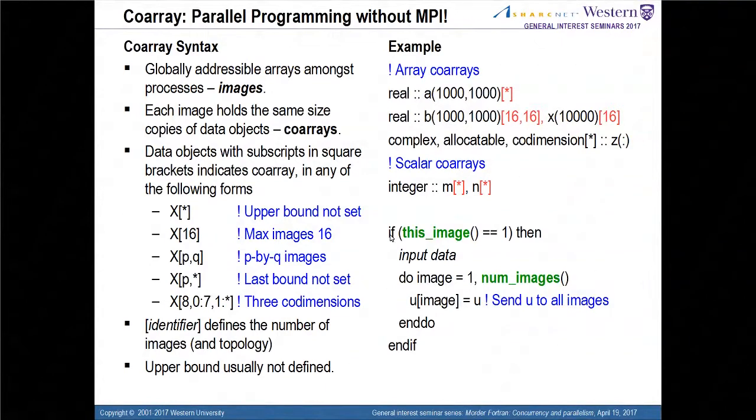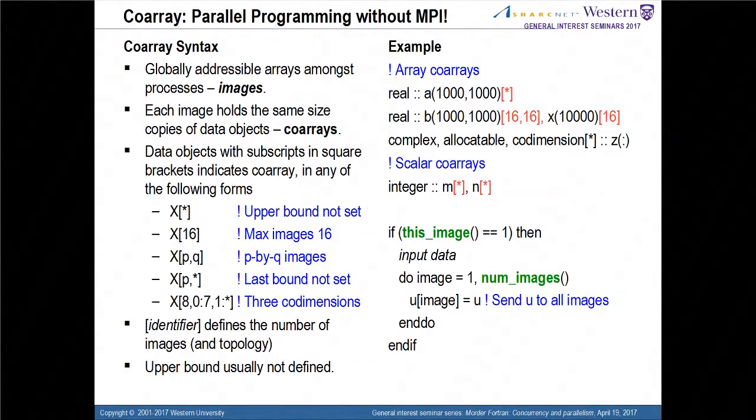As I pointed out previously, with coarray you are essentially using an SPMD programming model. So you write a single program, and then it depends on the ID of the running instance, which in Fortran we call an image.